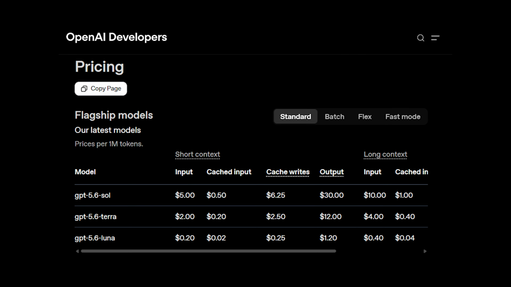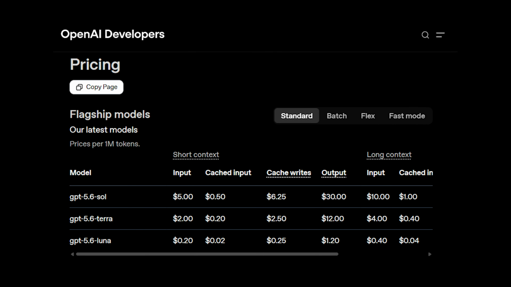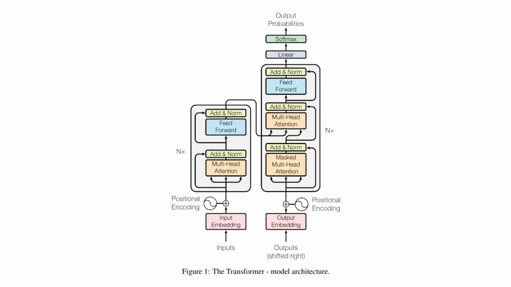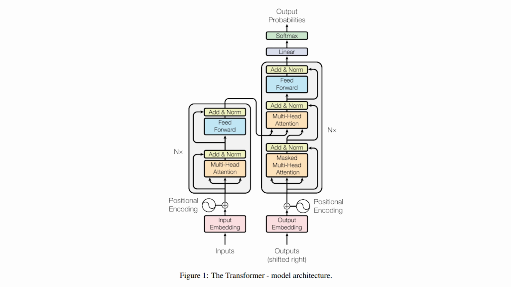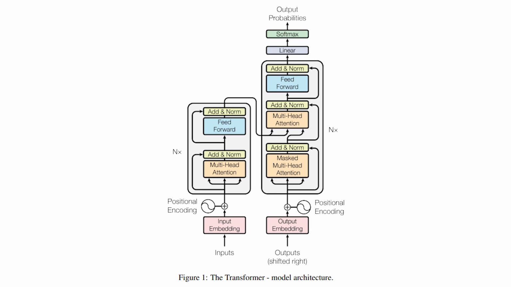So let's dive in. When you use an AI service, you are billed based on the number of tokens you send and receive. And this seems like a simple thing, but it has a big problem. Transformer-based models, I mean the architecture behind LLMs, are auto-regressive.